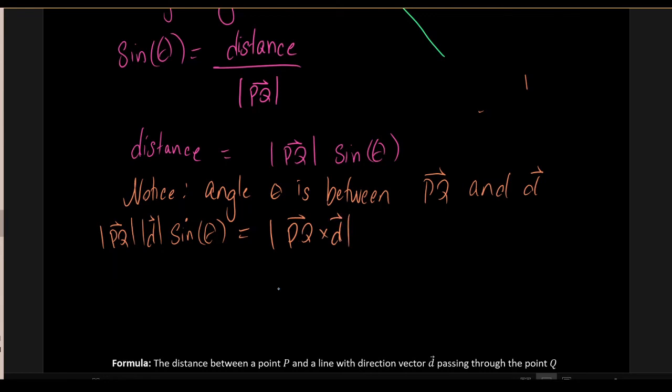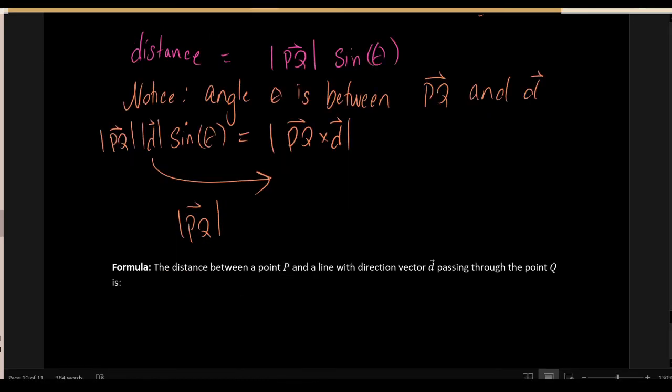Now our expression contains the length of PQ, but it doesn't contain the length of D. So in other words, length of PQ times sine theta is equal to the magnitude of the cross product divided by the length of the direction vector for the line, and this quantity was equal to the distance.